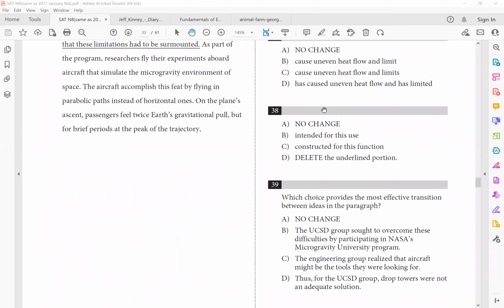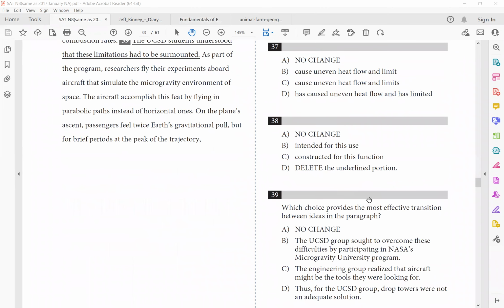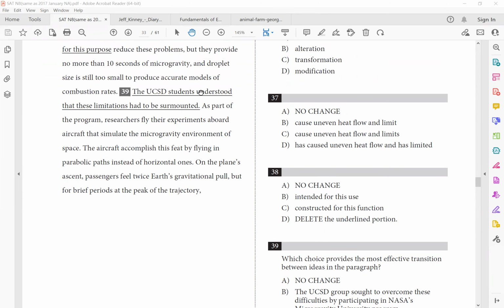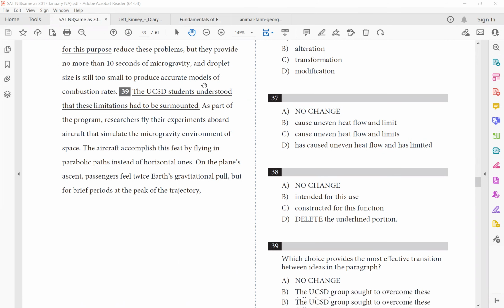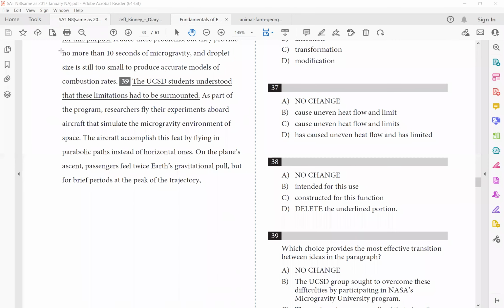Now 39 asks which provides the most effective transition between ideas in the paragraph. What is the idea before? They designed these drop towers to reduce problems, but the solution itself is not perfect, because they provide no more than 10 seconds of microgravity. That is a limitation of the solution. And droplet size is still too small, again a limitation, to produce accurate models of combustion rates.